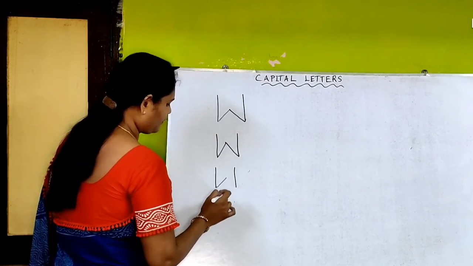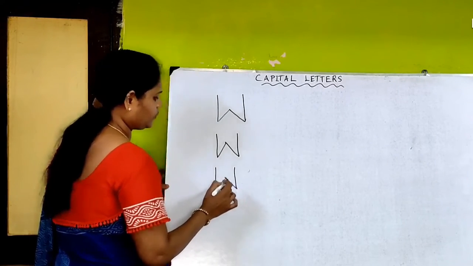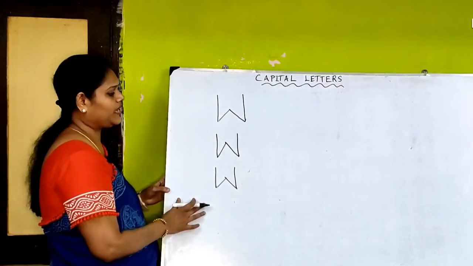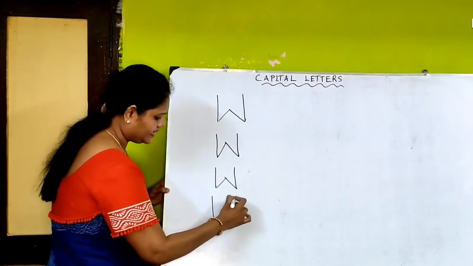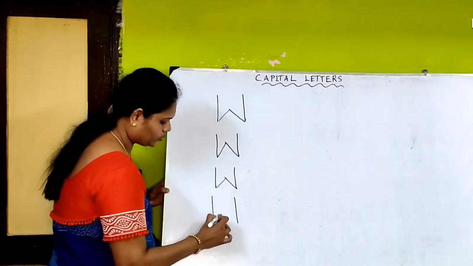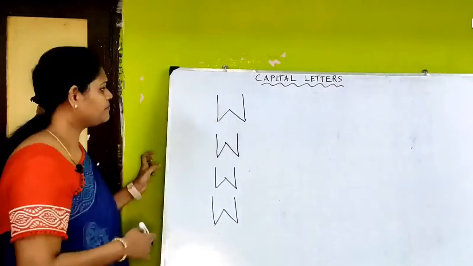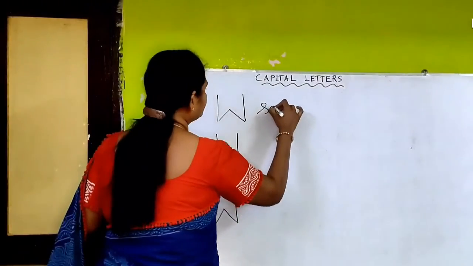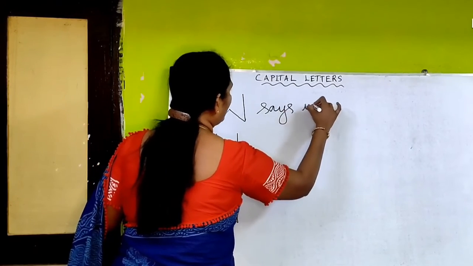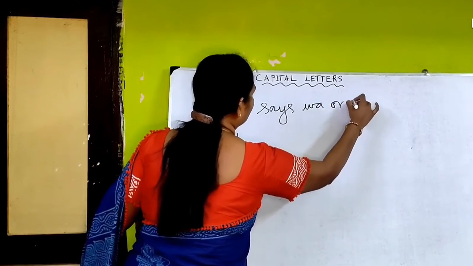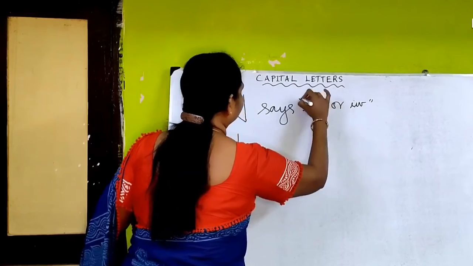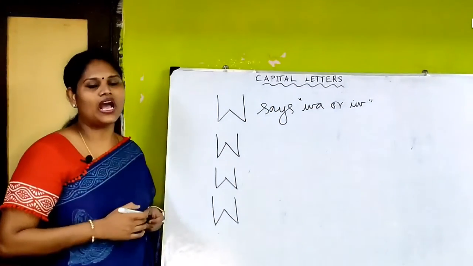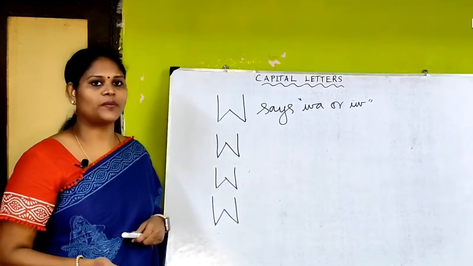This is capital W. So, W says va or iv. Starting sound may be va and ending sound may be iv.